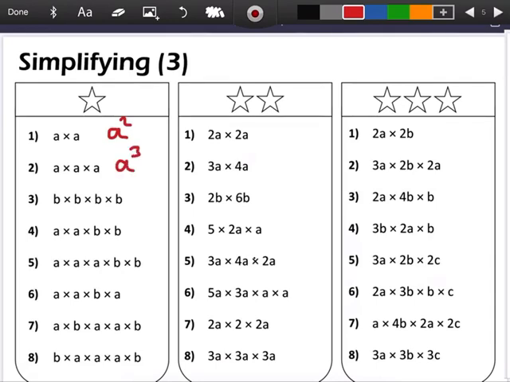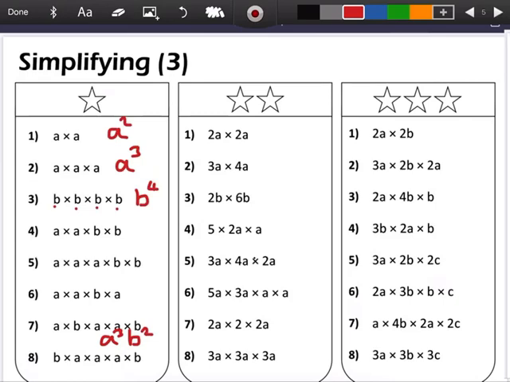So a little 3 up here. Then here we've got b to the power of 4, because b is times by itself 1, 2, 3, 4 times. I'm going to skip down where it looks a little bit different to number 7 here. A times a times a is a cubed. B times b is b squared.